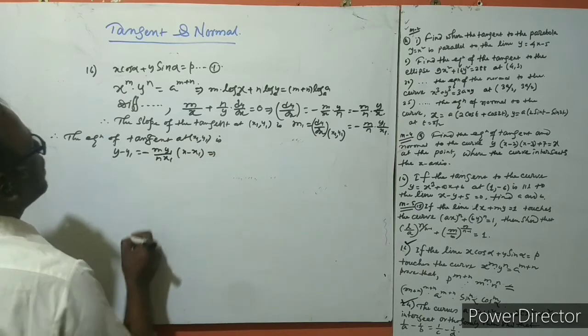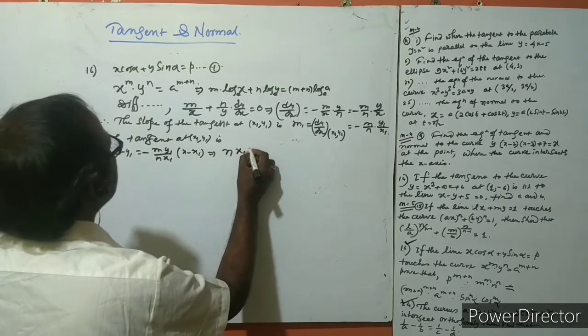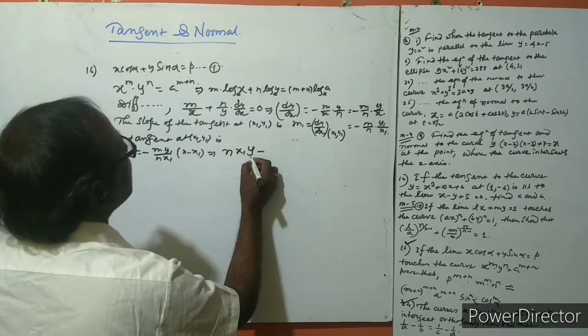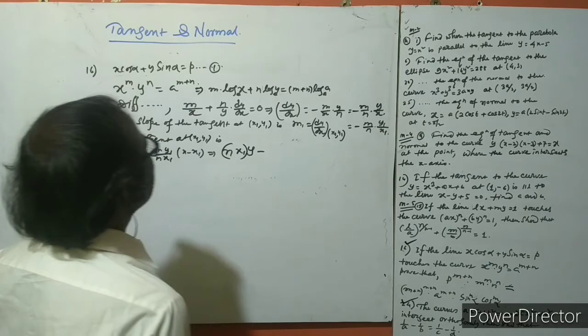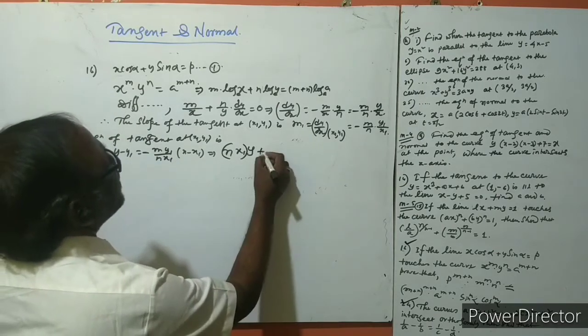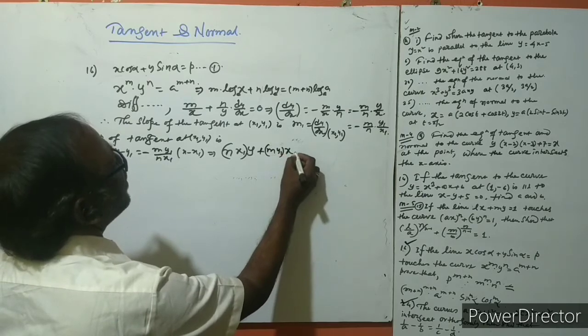So now this is here n into x1 into y, and this is m into y1 into x.